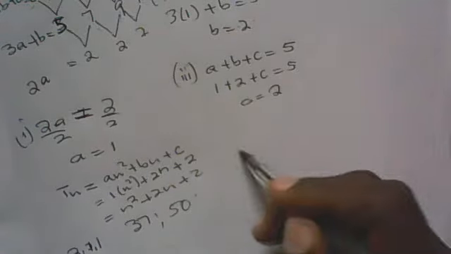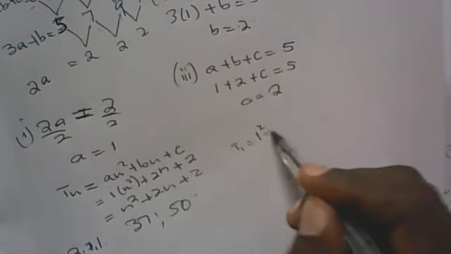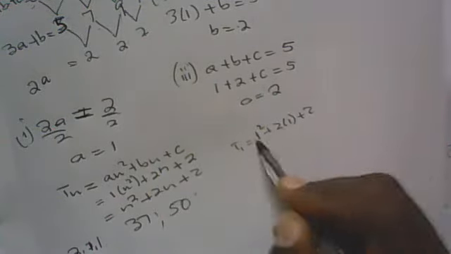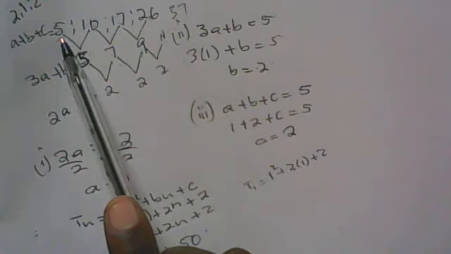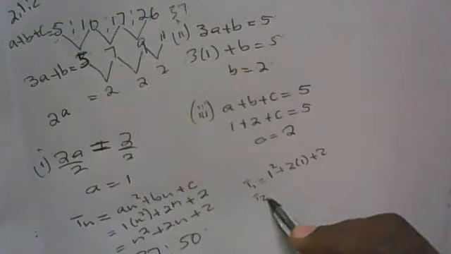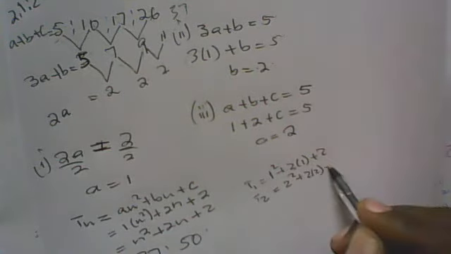Now, let's check with term number 1. This will be 1 squared plus 2 into 1, then plus 2. This is 4 plus 1 is 5. Let's look at that. It's 5. Then let's check with term number 2. It will be 2 squared plus 2 into 2, then plus 2.